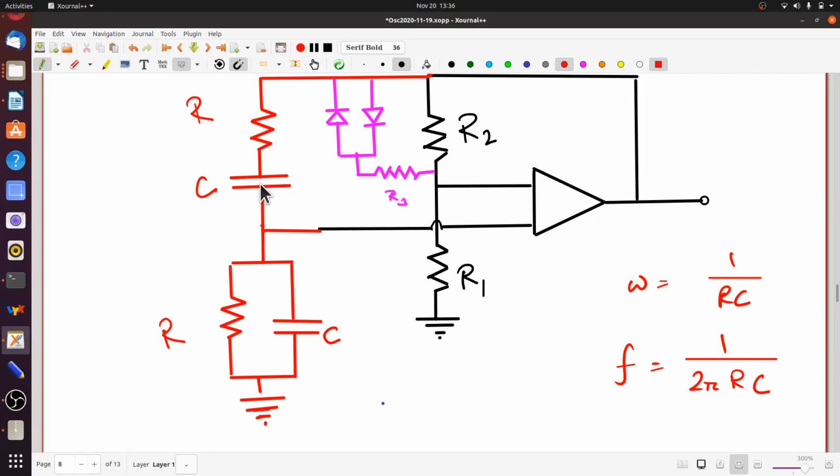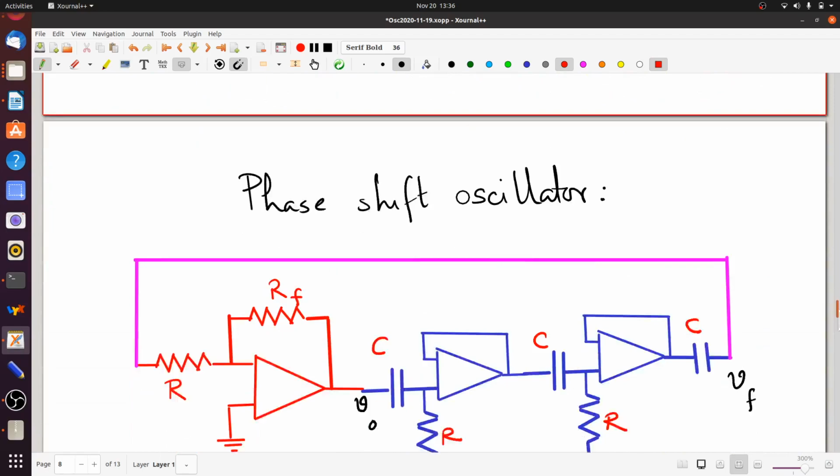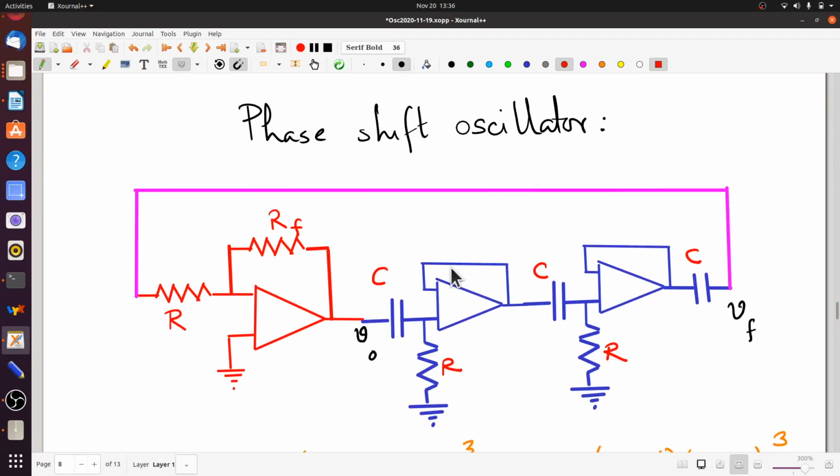So how do you shift the phase? Well, you can easily make the phase shift by using RC combinations. So that's basically what is being done here in this circuit. If you look at the part in red, that's just a standard inverting amplifier with gain minus RF by R. So this is again an op-amp based amplifier with inverting and non-inverting terminals marked out clearly, although frankly, as I said, because of the convention, we don't really need to mark them out.